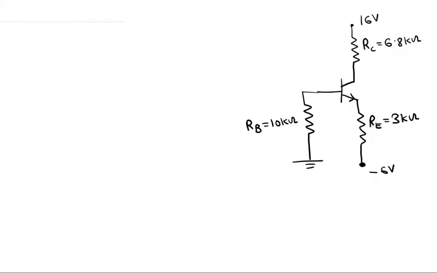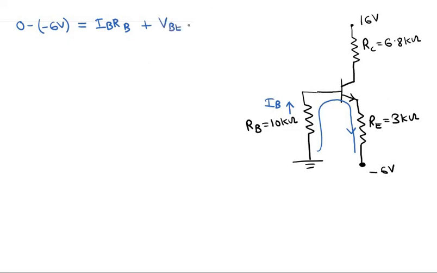To do so, we solve Kirchhoff's voltage law in this loop. 0 minus 6 volts is equal to the voltage drop across RB, which is IB RB, plus the voltage drop across the base to emitter junction, approximately VBE on in the forward conducting mode, plus the voltage drop across RE, which is IE RE. Right now there is nothing that is AC, everything is DC.